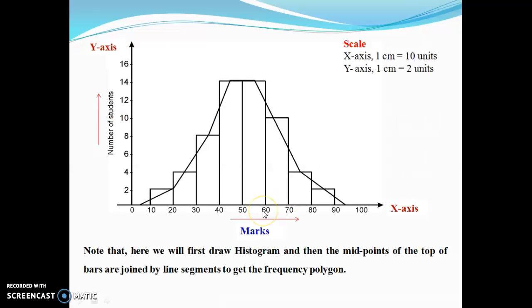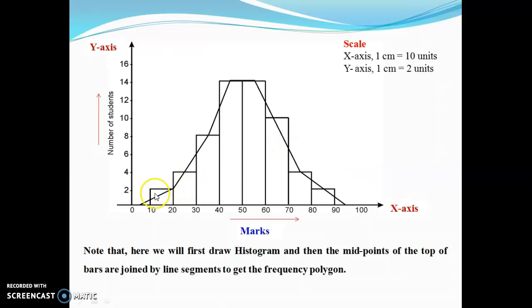Here in this graph, we note that we first draw the histogram as per the discussion of the histogram topic. We first draw the histogram and then the midpoints of the tops of the bars are joined by line segments to get the frequency polygon.